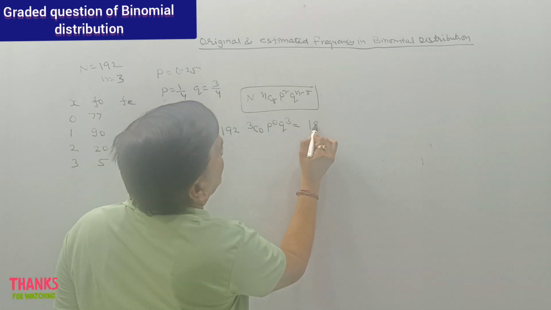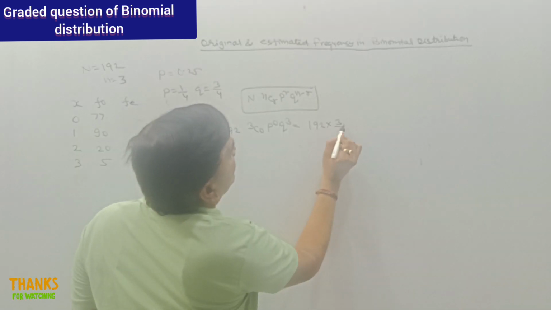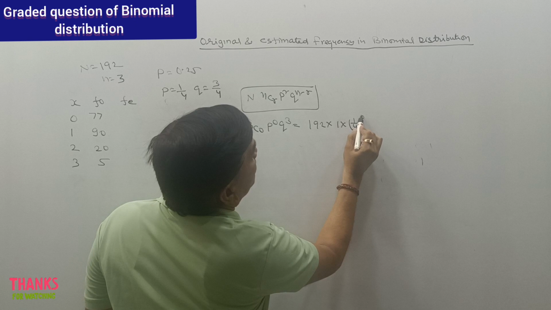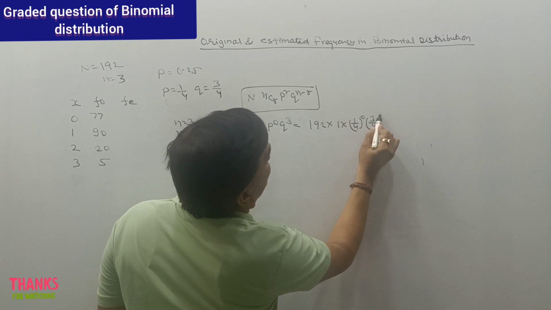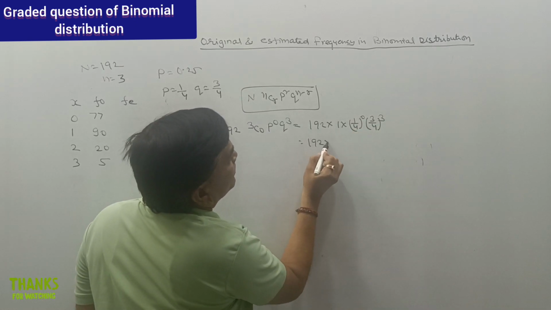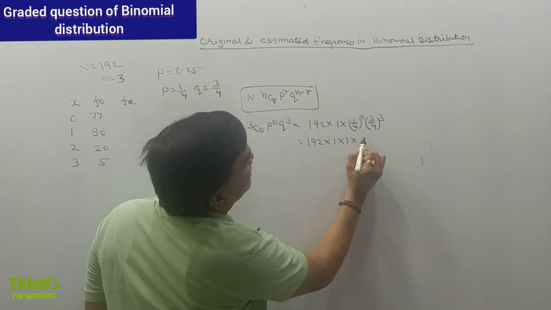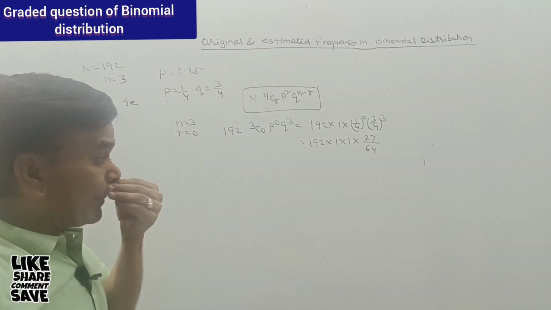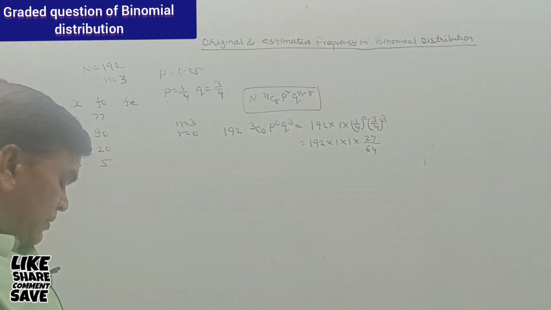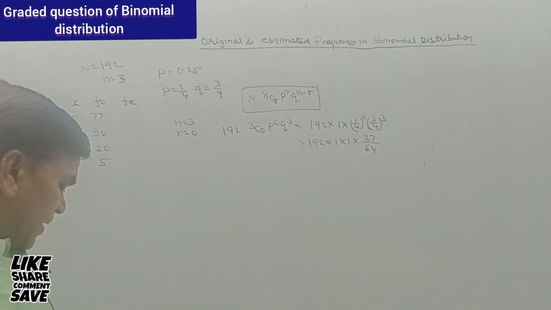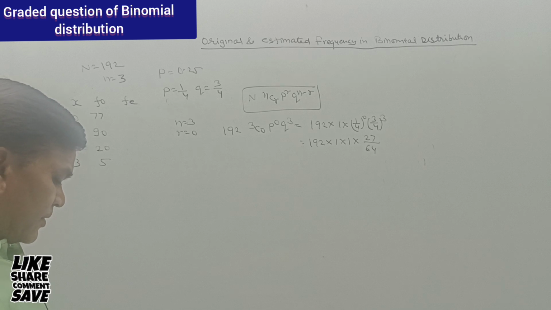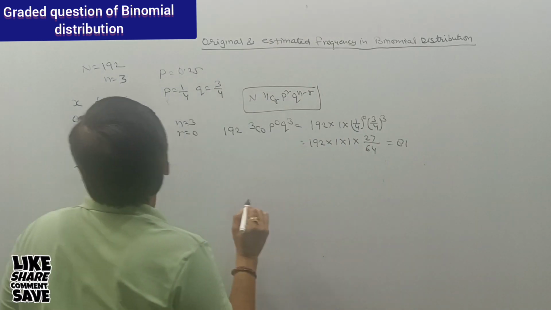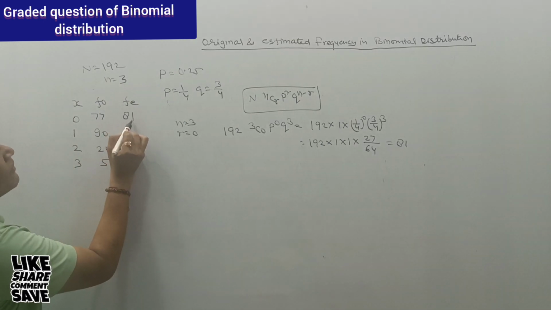So 192 × 1 × 27/64. So the first frequency will be 81. So the estimated frequency is 81.